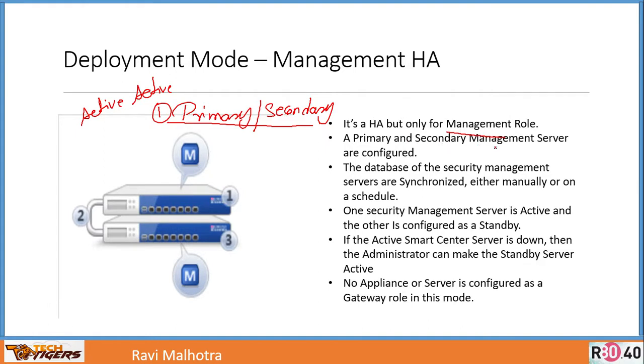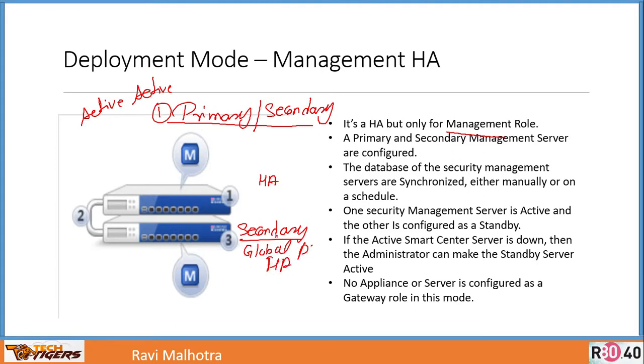A primary and secondary management server are configured. The databases of the security management servers are synchronized. So once management HA is configured between them, once this box is configured as secondary, and once the required configuration is done in the global properties of management HA, then the synchronization starts.